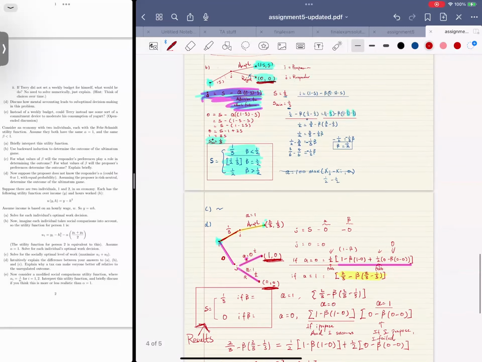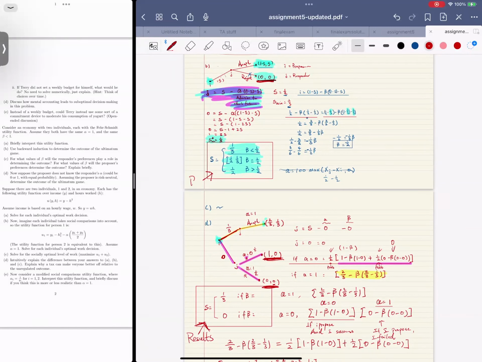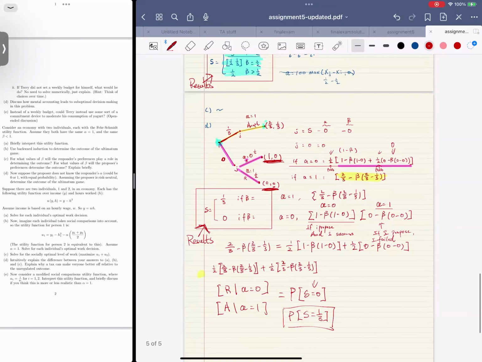This is the result. On what condition I will be given 1/3. On what condition I will be given 0. Depends on my beta. Right? I hope this is clear.